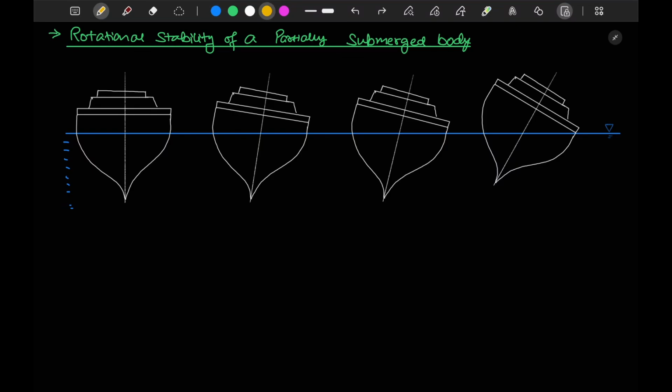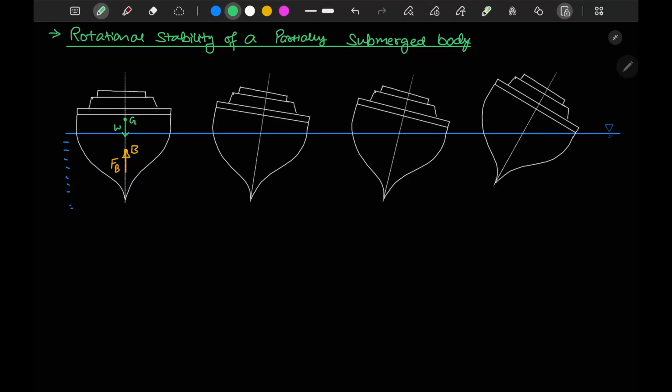The centroid of the submerged part indicates your center of buoyancy point, and the force will be your FB in the upward direction. The weight will act at the CG of the body. So let's say this is your G point. Now this will be your weight.